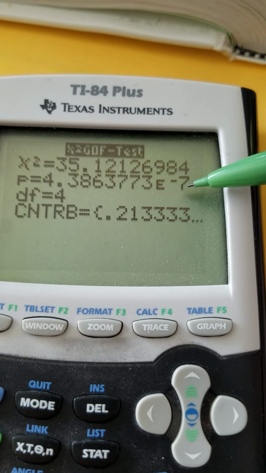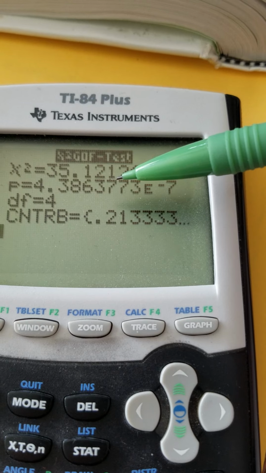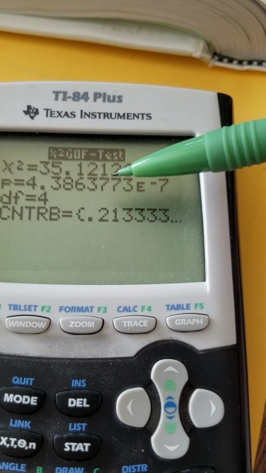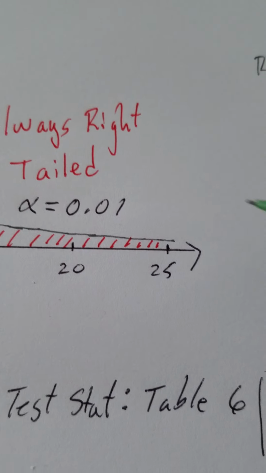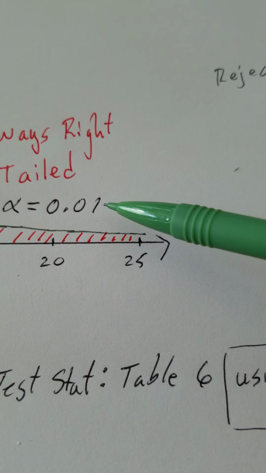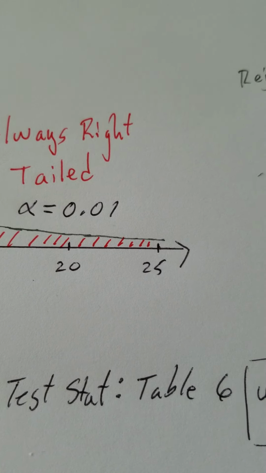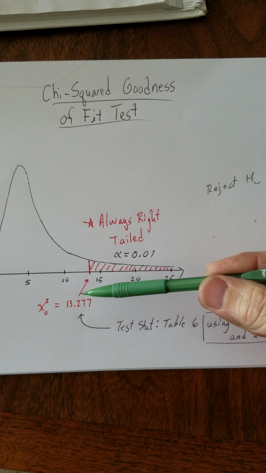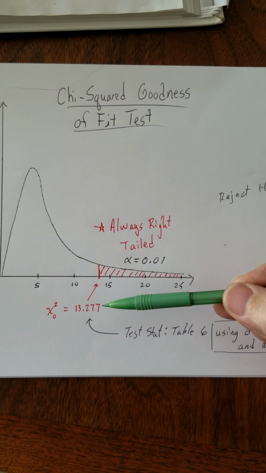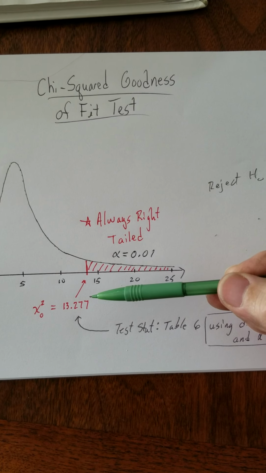Another thing you can check is the probability. That's scientific notation. That means this number is 0.0000004. And that's obviously way less than 0.01. So that's another sign that we're rejecting the null hypothesis. So there's my critical value I got off the table. Sorry about calling that the wrong thing earlier.